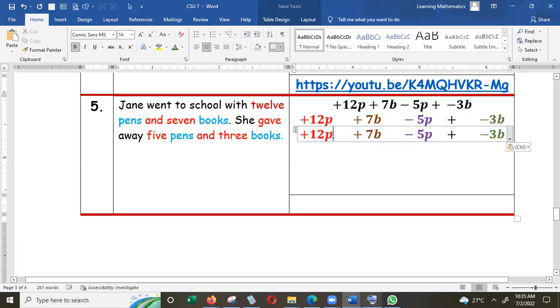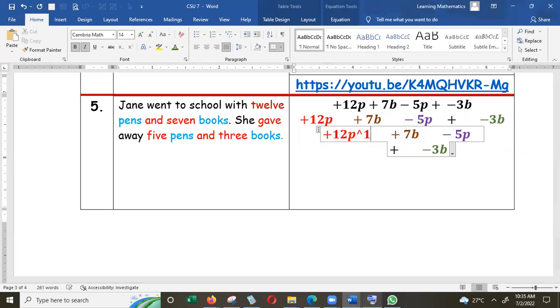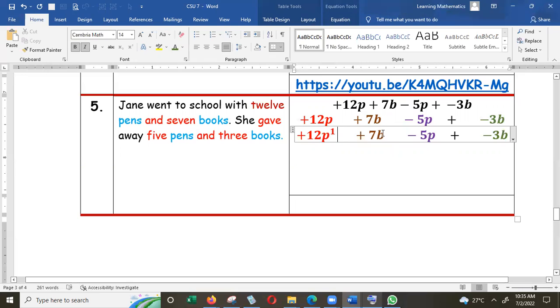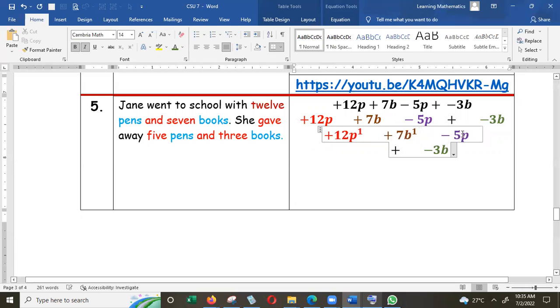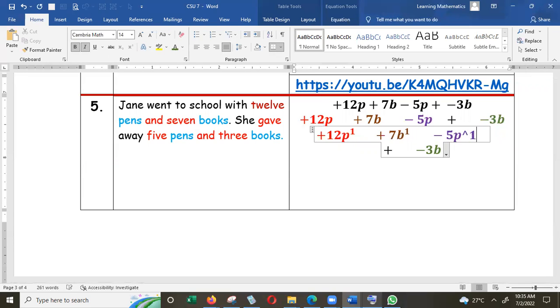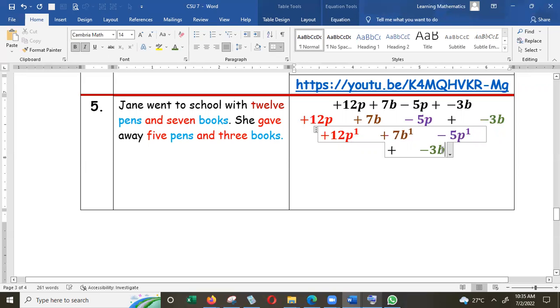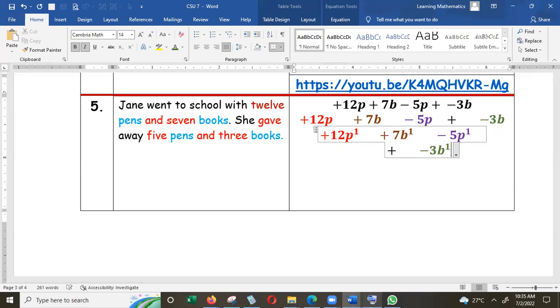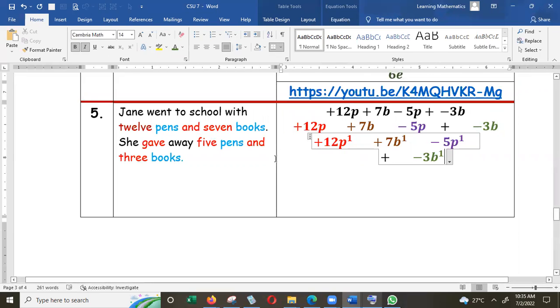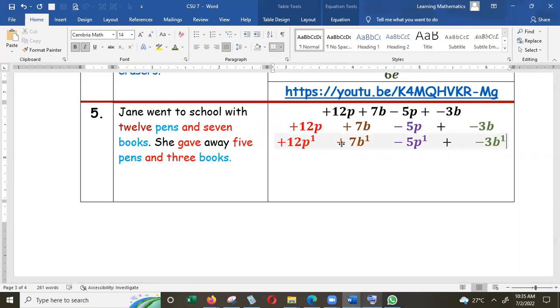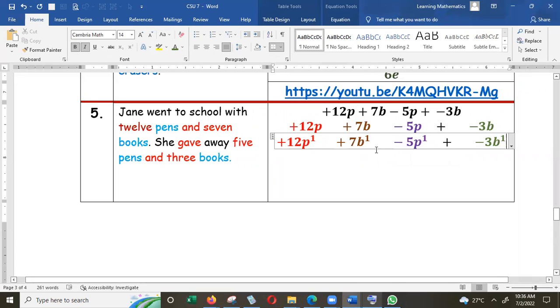There's an exponent of 1, a power of 1 here that you do not see. If you don't see an exponent, there's a power of 1. So all of these have a power of 1. Once a letter has the same exponent and is of the same type, the same letter, then they are like. So pens to the power of 1 is like pens to the power of 1.